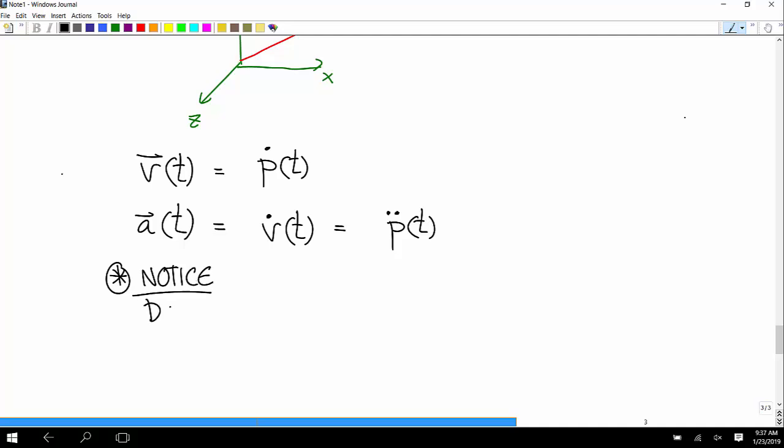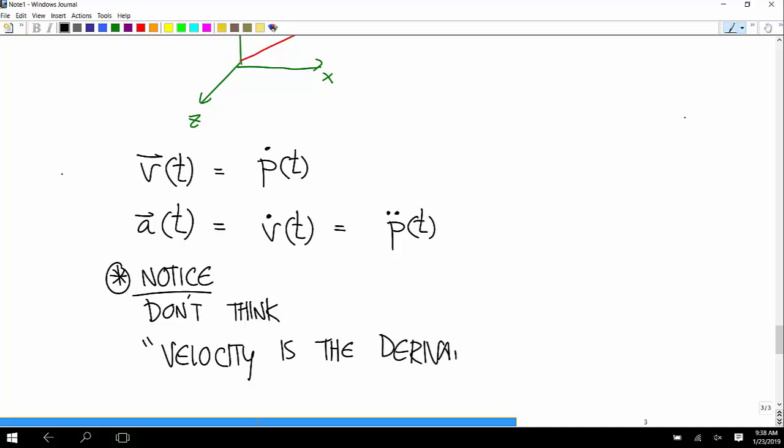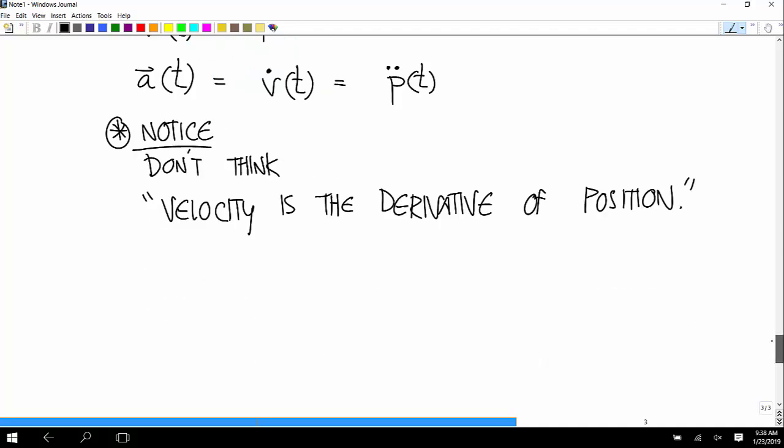So notice, don't think of velocity as just the derivative of the position. Same thing with acceleration. It has to be: velocity is the derivative of position with respect to time.